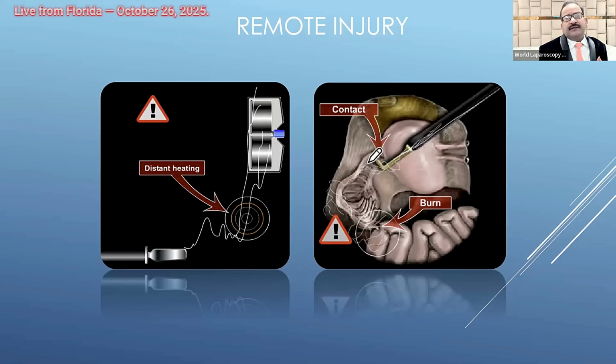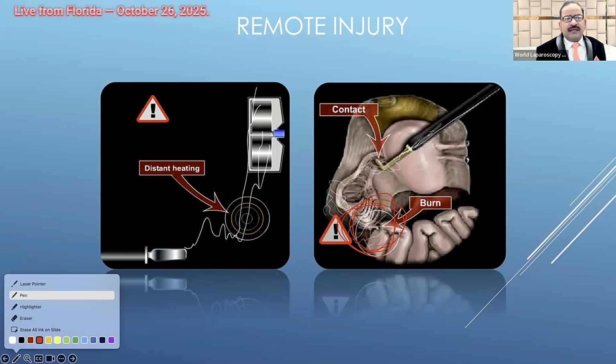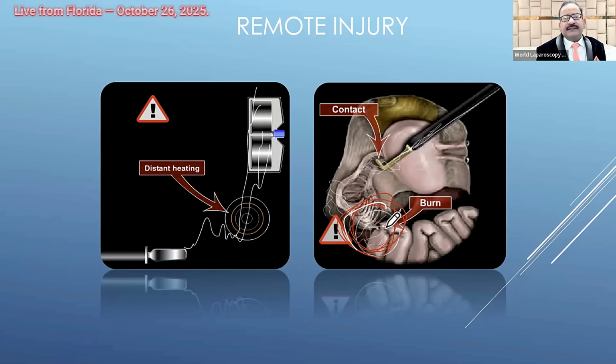We can see here that the gynecologist is performing a tubectomy, but a big area of the naked part of the hook is touching, and that area is more than 6 millimeters. So what is happening is that the fimbrial end of the tube is touching the bowel, and this bowel will burn here. This is an example of remote injury.